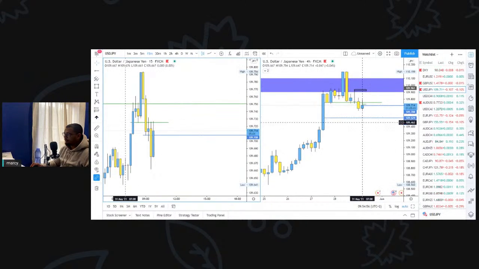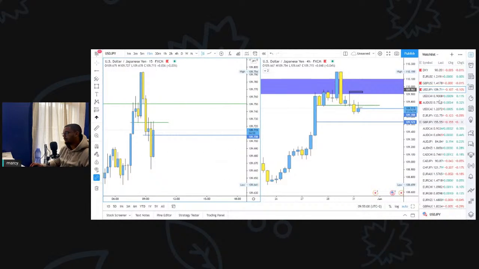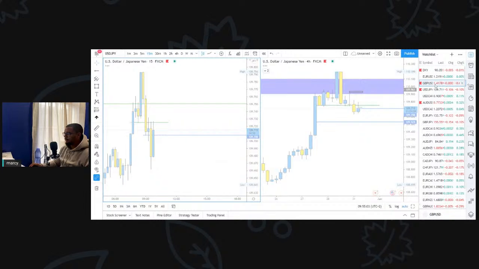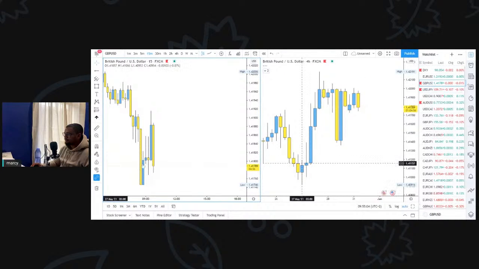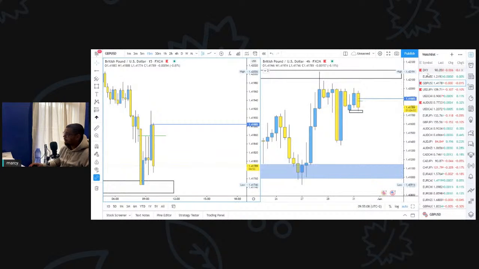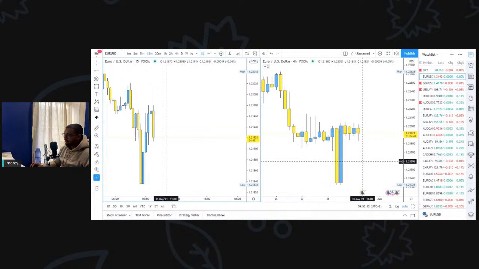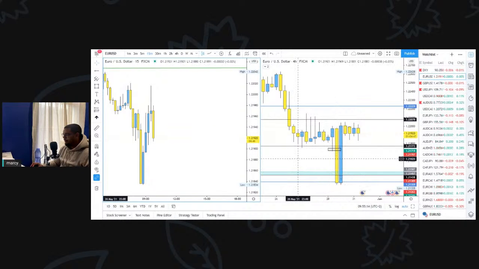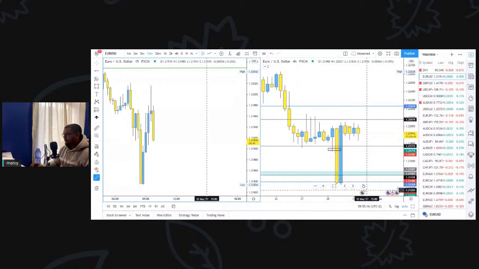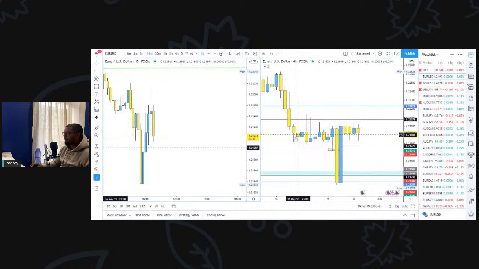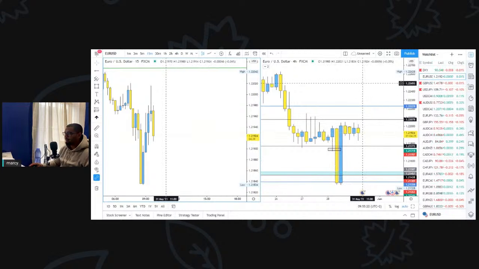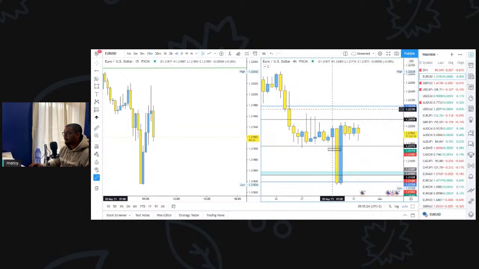And I do still think that this 4H candle might close bearish. So yellow in this case. Wow, would you look at that? What are these black lines here? Here's some things that I didn't even draw on this chart. I don't understand what's going on.